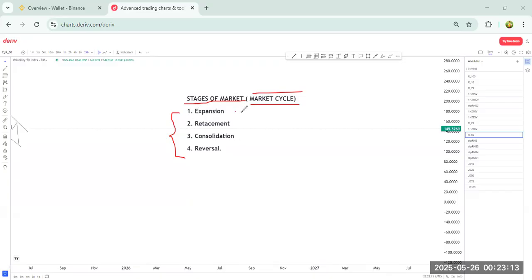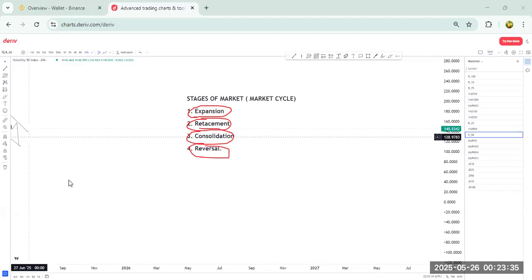These are the cycles price goes through on the charts on a consistent basis. First we have expansion, then a retracement, we can have a consolidation, and then we can have a reversal.